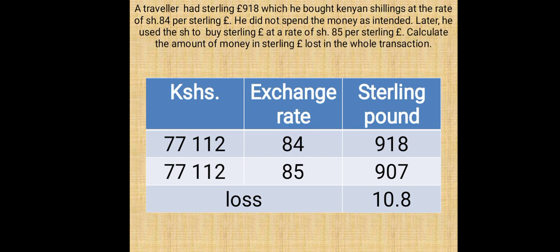Now, since he did not spend the money, he translated the 77,112 shillings into sterling pounds at a rate of 85 Kenyan shillings. So he got sterling pounds 907.2, meaning that he lost 10.8 sterling pounds. If you subtract the original 918 sterling pounds from 907.2, the loss is 10.8 sterling pounds.